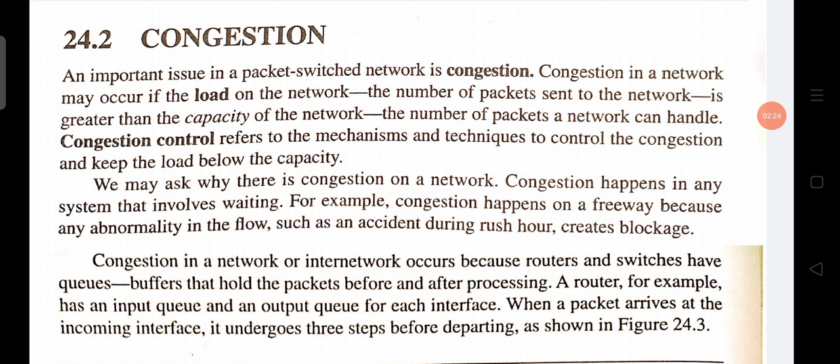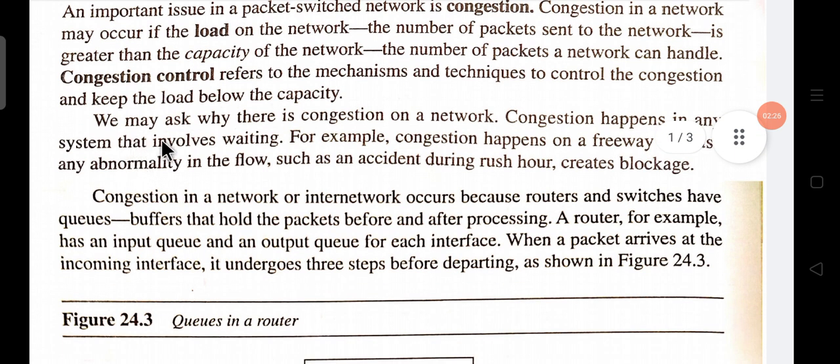Now you may ask why there is congestion in a network. This question arises in your mind. Congestion happens in any system that involves waiting. For example, congestion happens on a freeway because of an abnormality in the flow, such as an accident during rush hour that creates a blockage.